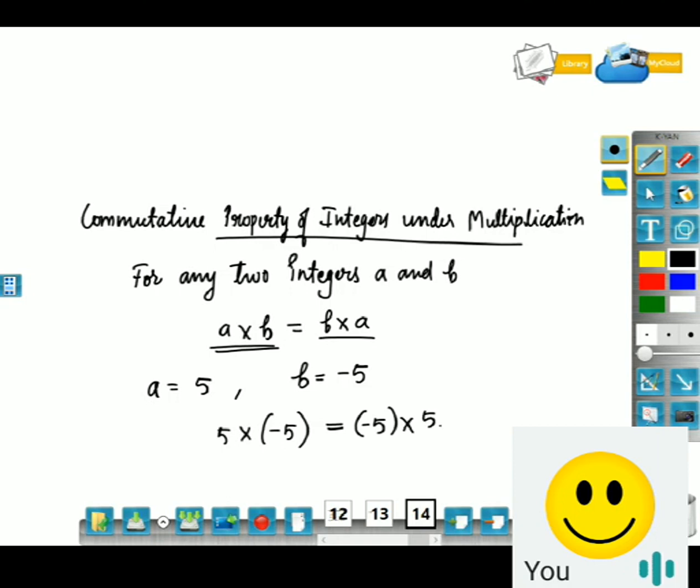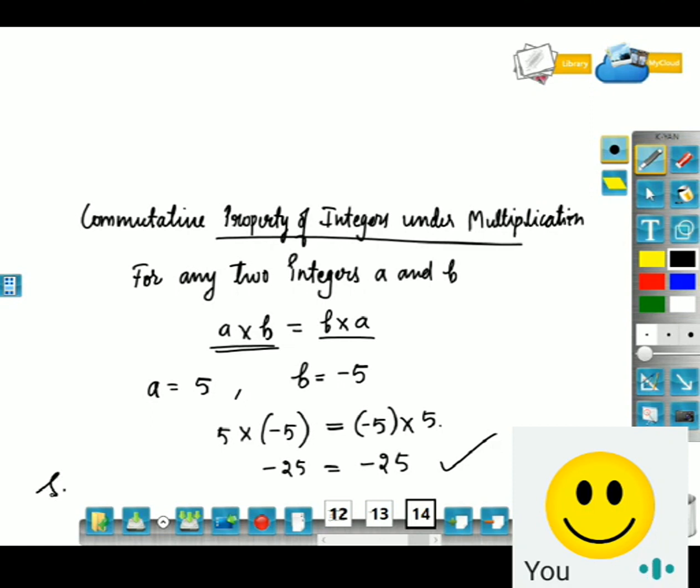So what is the answer? 5 into -5 will be -25, and -5 into 5, there also we are going to get -25. Obviously your LHS and RHS, left hand side of the equation and right hand side of the equation, are equal. So when they are equal, that means integers are commutative under multiplication.